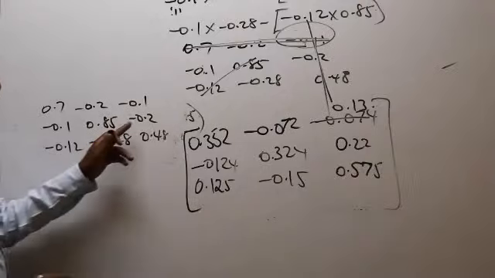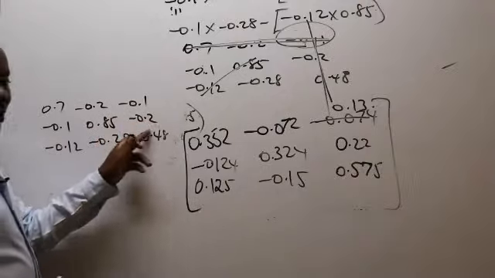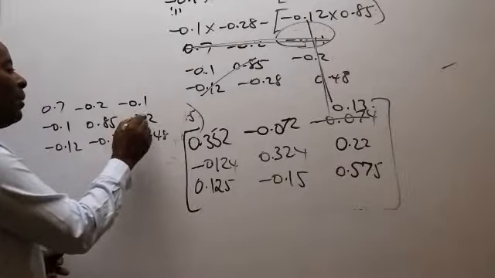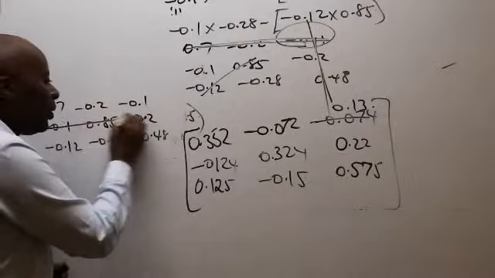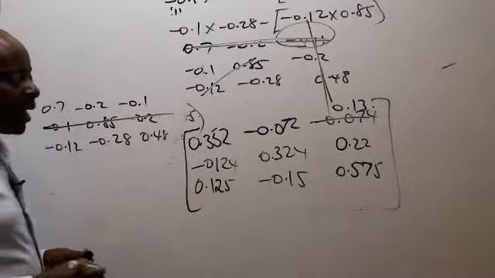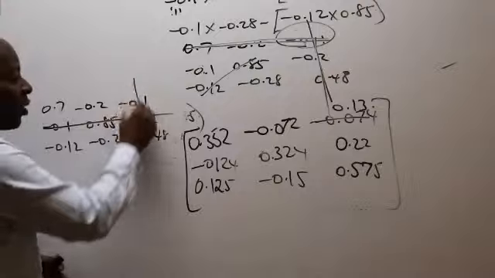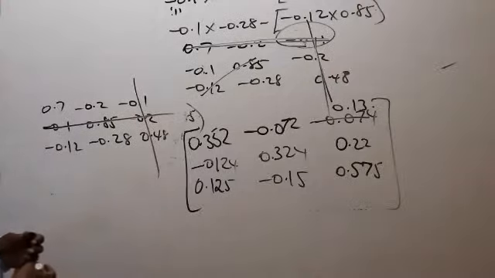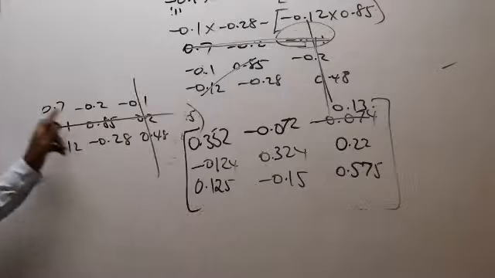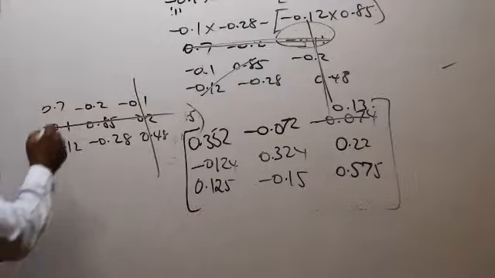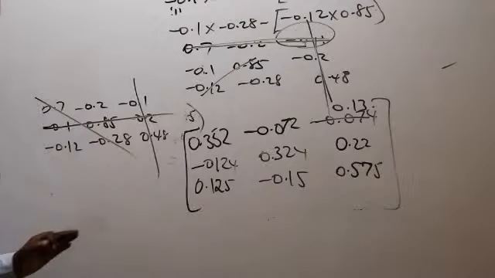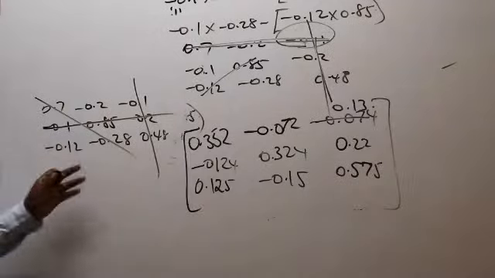So I would want to test this minus 6. I hide the row and the column like that, and then I'll be left with my uncovered submatrix.